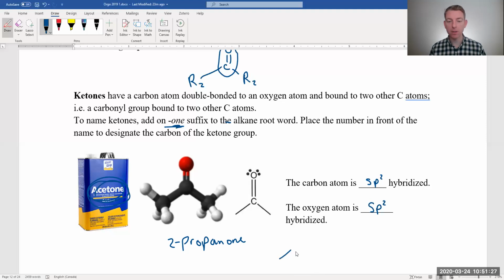Same thing if we went to, say, 1, 2, 3, 4, butanone. Could we have this on any other carbon, and would it show up as the same name? No, because if we put it over here on this carbon instead of that one, it would still be the second carbon because we're going to give the ketone dominance when we're numbering the carbons, right?